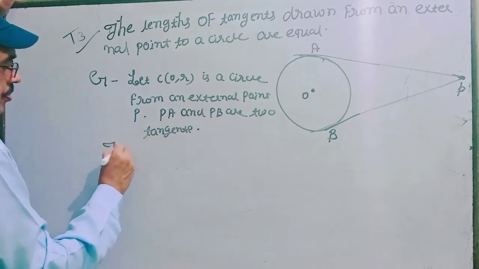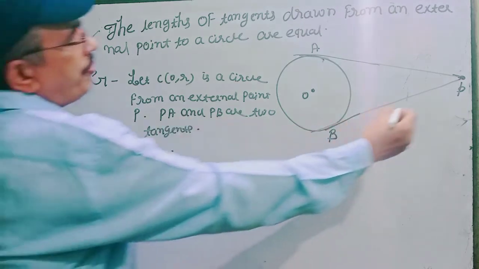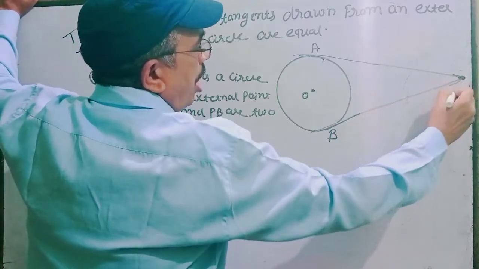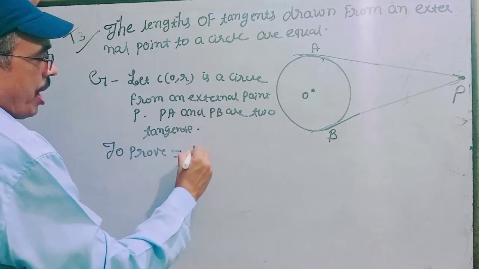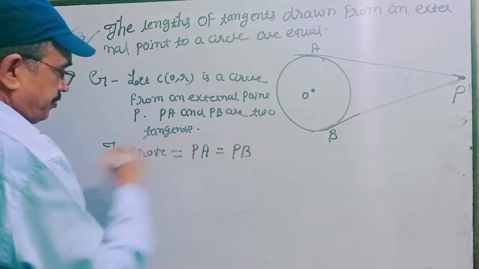To prove: from an external point the lengths of the tangents are equal. So it is clear you have to prove PA is equal to PB.